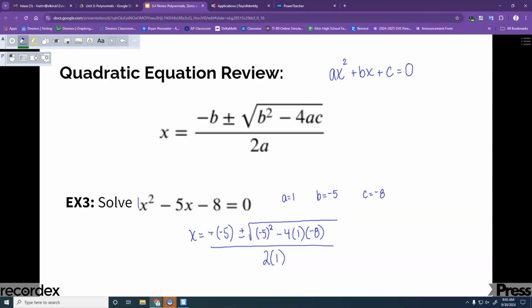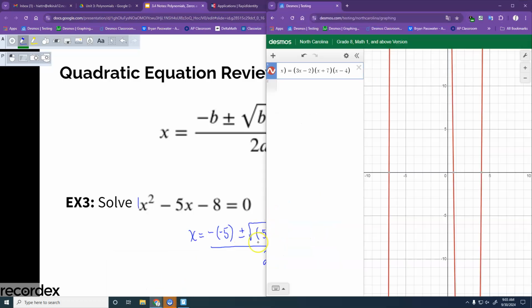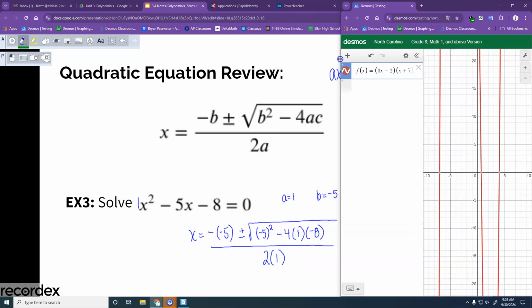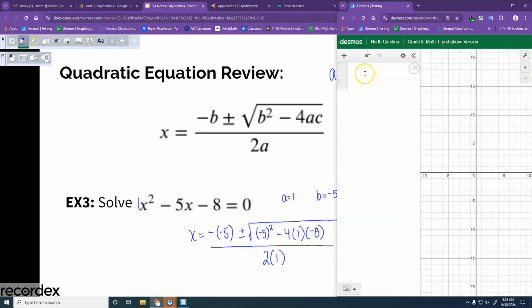Now, you can get a decimal answer for this from Desmos, by just typing the whole thing in. You don't have to put the x equals, just do 5. Actually, I need to do division here, so the numerator goes on top.